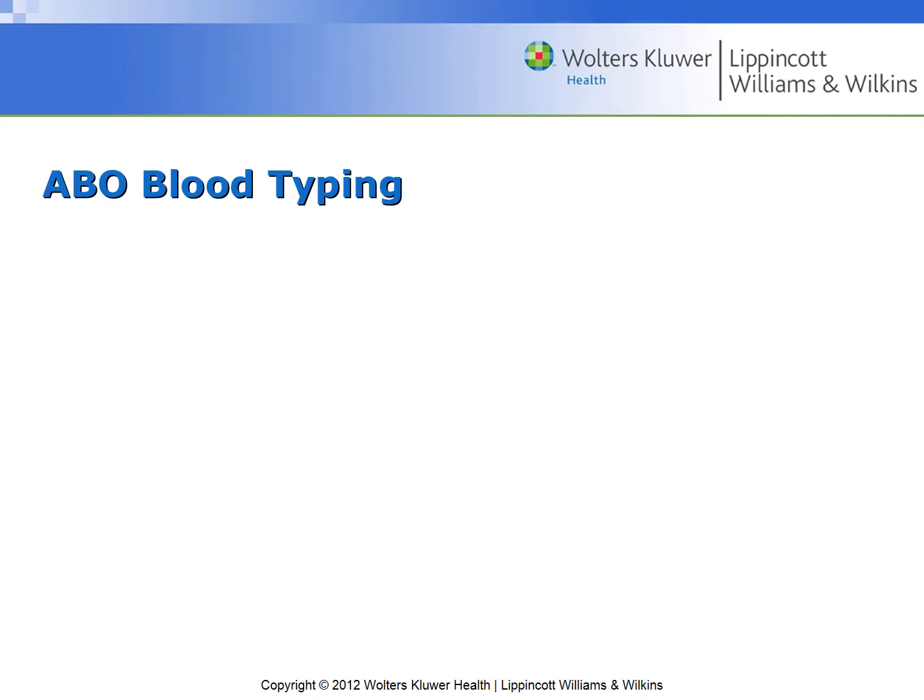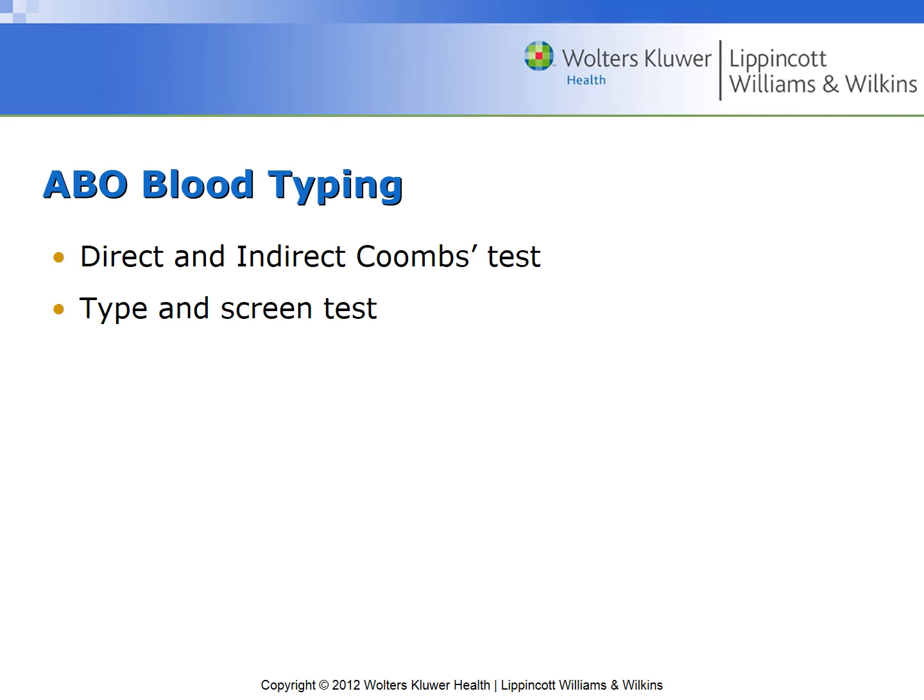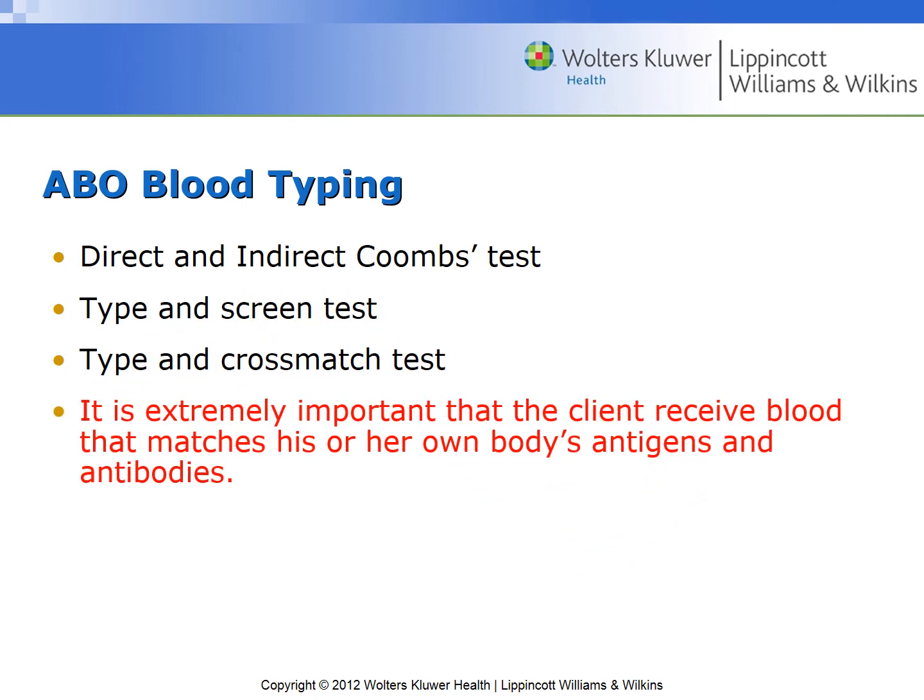What's that, you say? Screen? Typing? What? Here we go. ABO blood typing. Direct and indirect Coombs test. Type and screen test. Type and cross-match test. We do all of these tests because it is extremely important that the client gets the right blood type that matches their own antigens and antibodies.